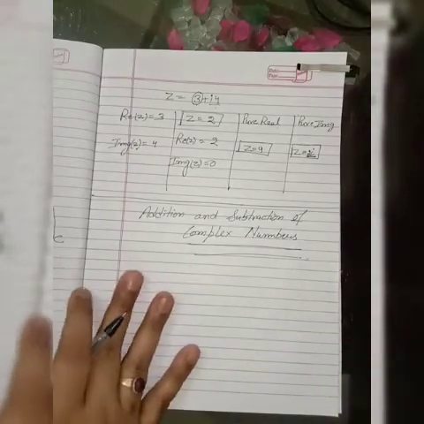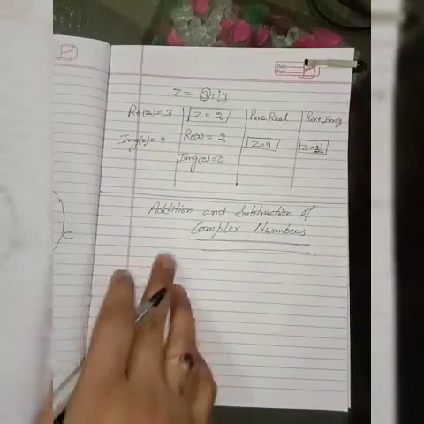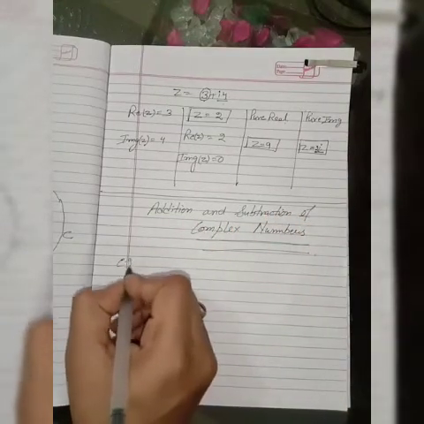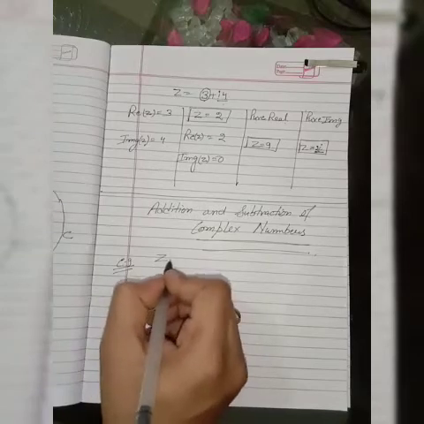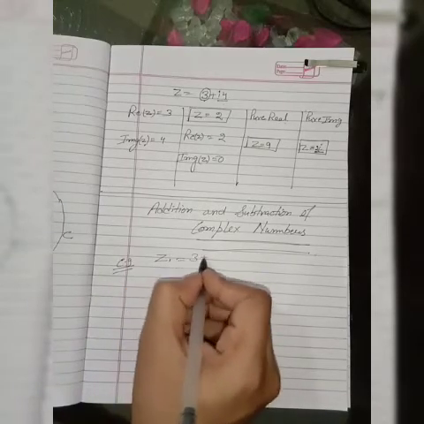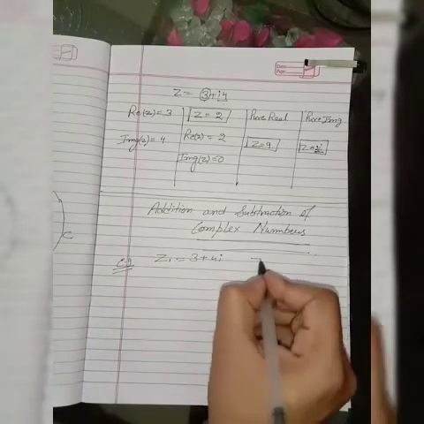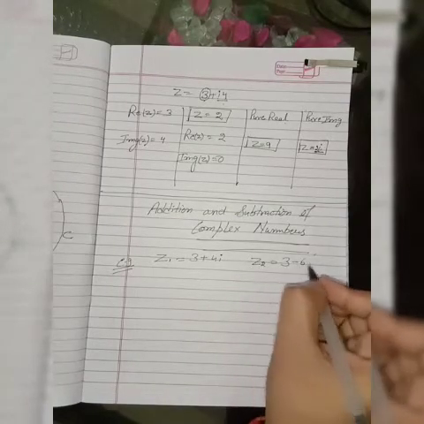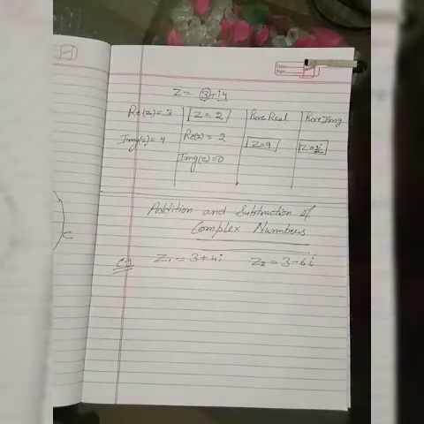Is it clear? Real and imaginary, addition and subtraction of complex numbers. For example, if we have two complex numbers, the first one is 3 plus 4 iota, and the second one is 3 minus 6 iota. Is it clear?